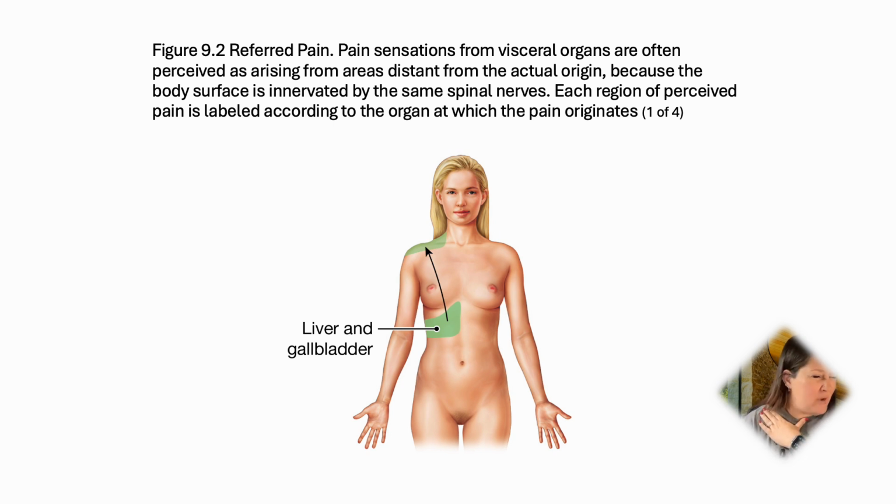I would have no reason to have pain in my shoulder, but I feel it. This is an opportunity for you to use your foundation and understanding of referred pain and deduce that right shoulder pain may in fact mean that there's something going on with the liver or the gallbladder.